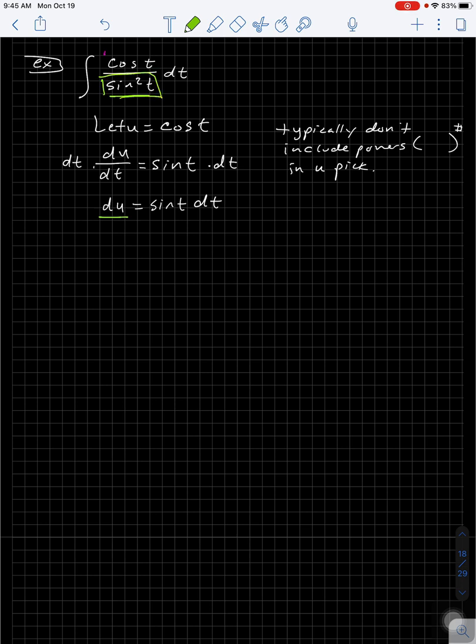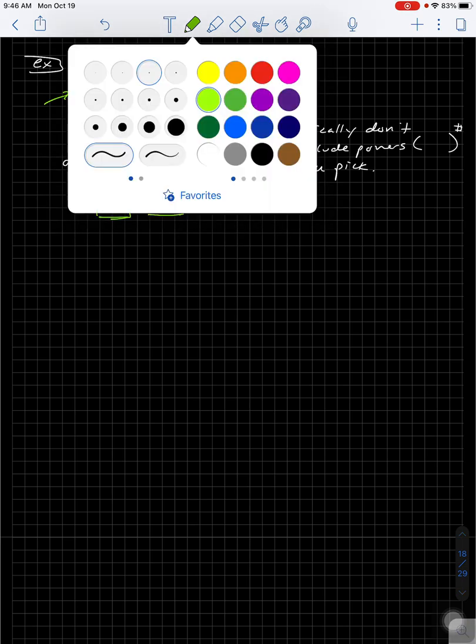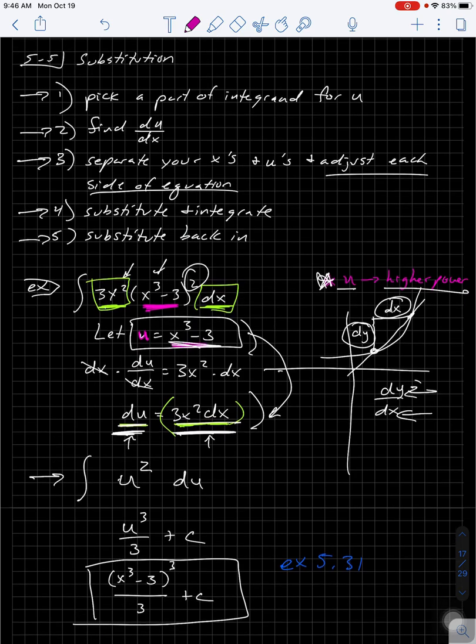And I don't know if you noticed, but whenever we have an integral, the dt, du, dx, whatever's out here is always on ground level. It's never under a fraction. So if you ever get a situation where your du is going to end up being part of the denominator, that's bad.